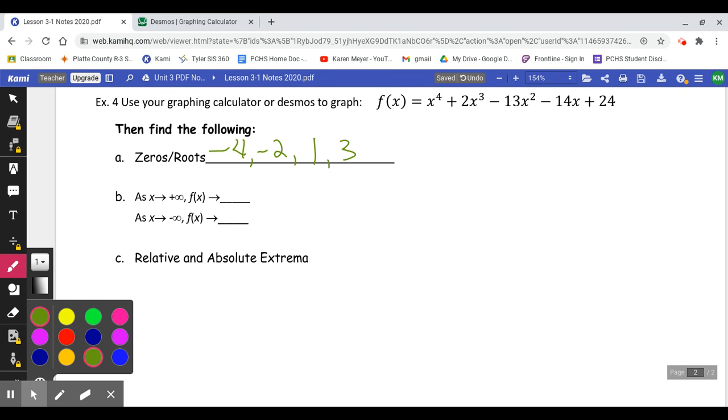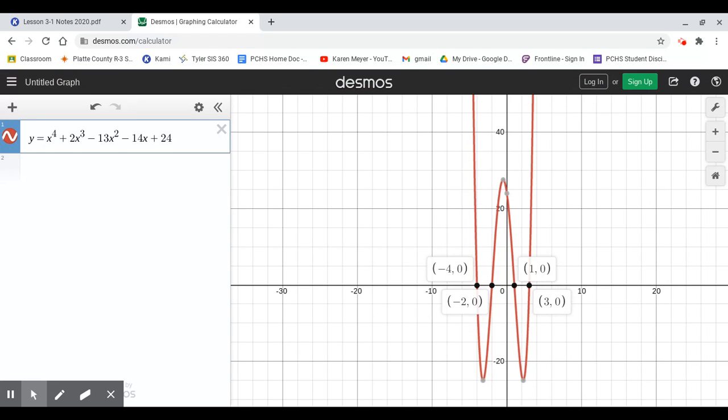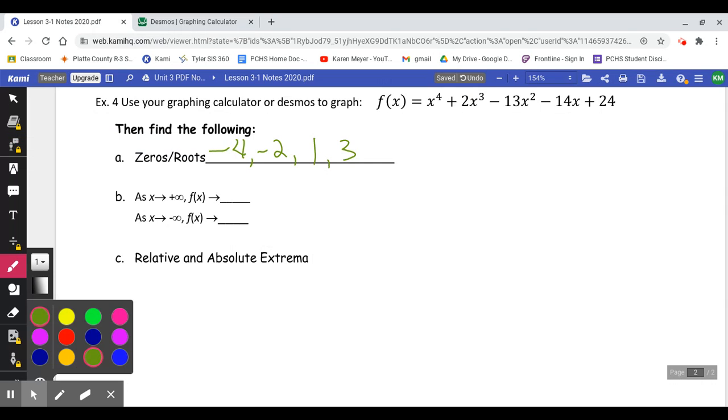So now end behavior. If I look at the graph, on the left side, does everybody notice that my graph is going up? It's going upwards. So as x approaches negative infinity, f of x approaches positive infinity.